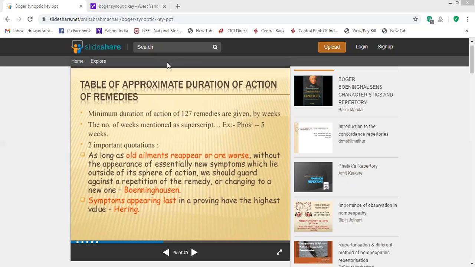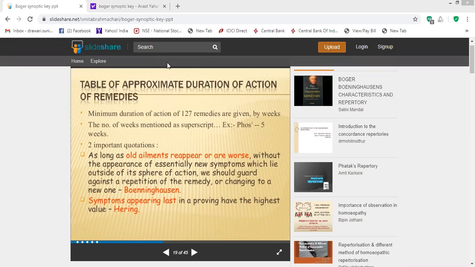So these are the two important quotations: without the appearance of new symptoms outside the sphere of action of the medicine, as long as the old elements reappear or are worse, we should guard against a repetition of the remedy or changing to a new one, advised by Dr. Boenninghausen; and the symptoms appearing last in a proving have the highest value, given by Dr. Hering.